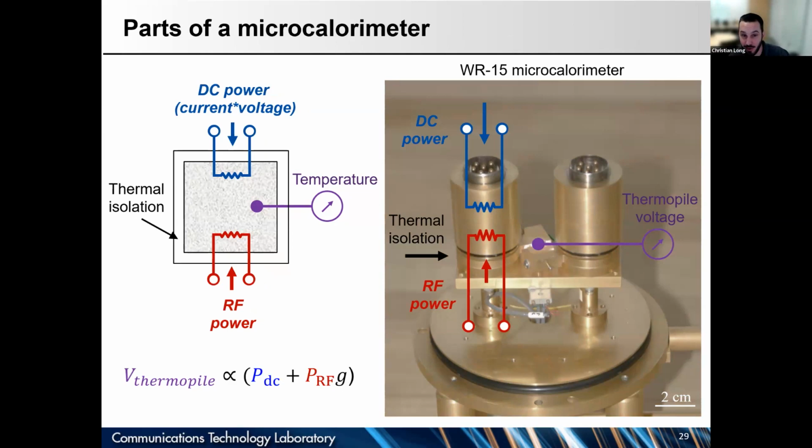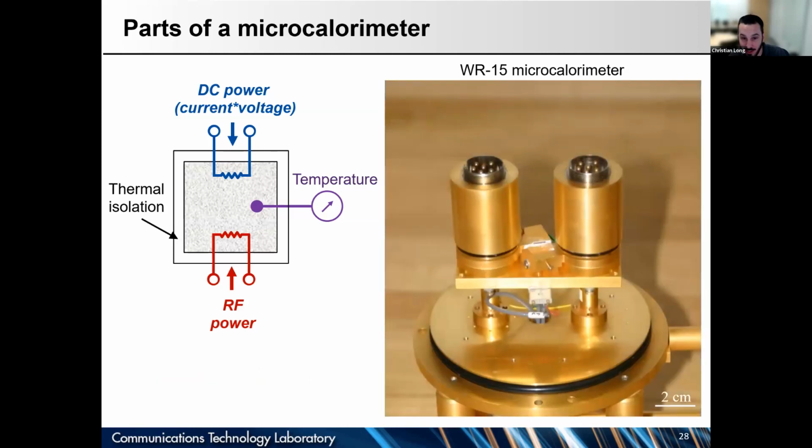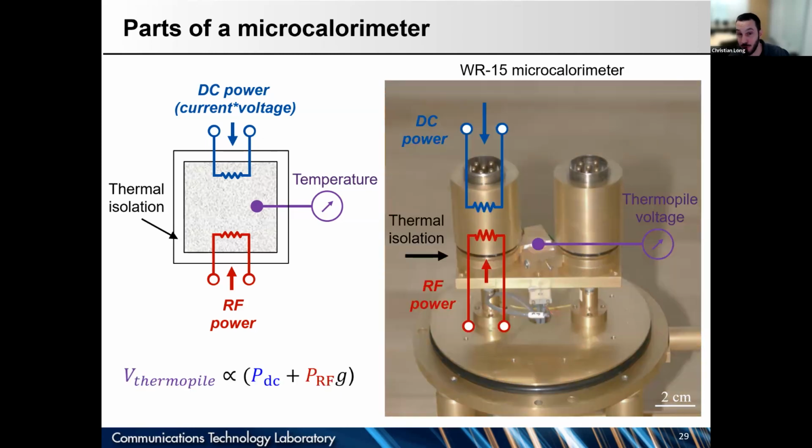Some DC power goes into the top of a power sensor, some RF power goes into the bottom, and right in the middle here, there's a commercially purchased thermopile that gives us a signal that's proportional to temperature. We don't actually need to know the absolute temperature, it turns out. We just need something proportional to temperature, because we're going to calibrate the constant of proportionality with DC power anyway.